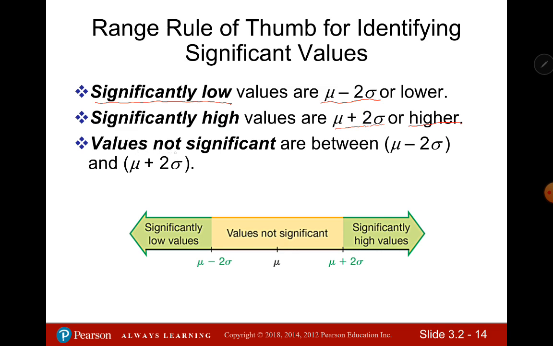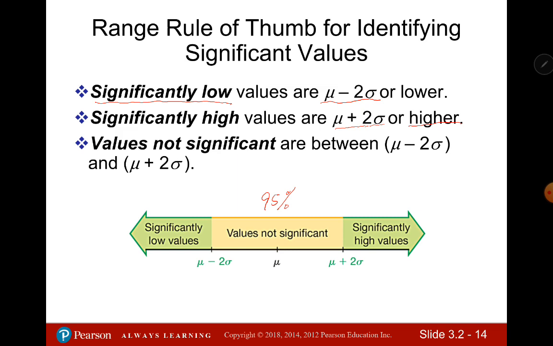But most of the data are not significant, which means most of the data are just between 2 standard deviations below the mean and 2 standard deviations above the mean. Actually, 95% of the data are not significant.